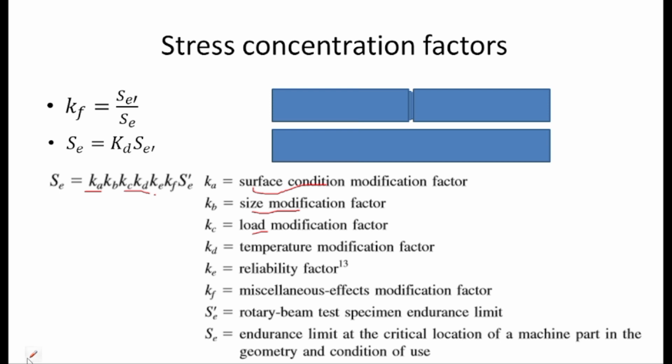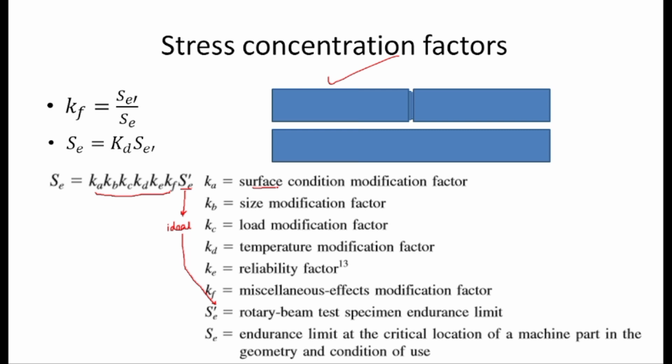Now why do we want to include these terms? It is because this is for an ideal rotary beam, and when you take another shaft or rotary beam, it will have a different surface finish than the earlier one that was used to calculate the endurance limit for that material.